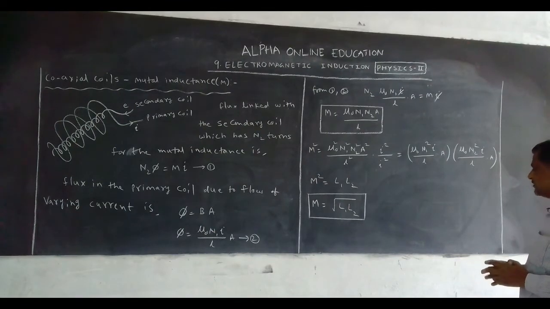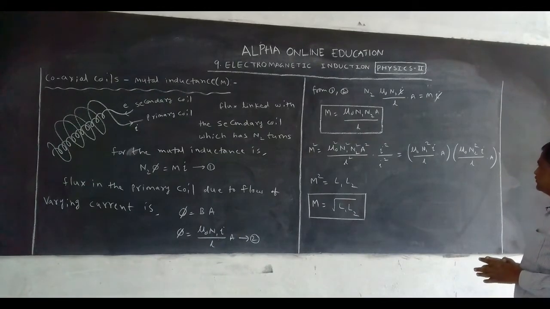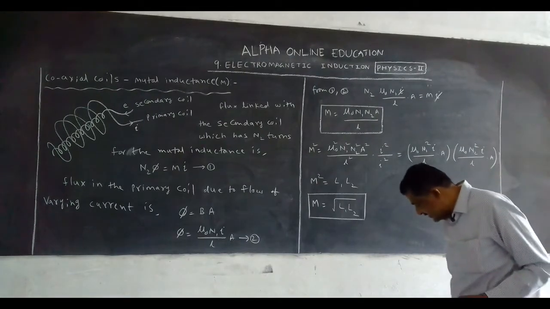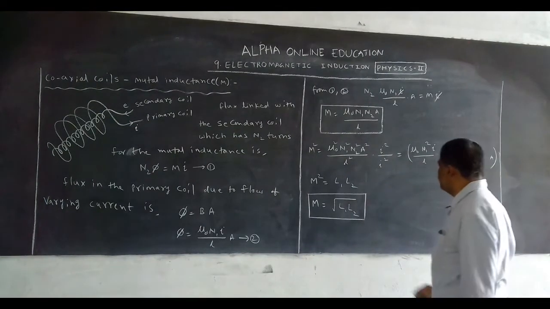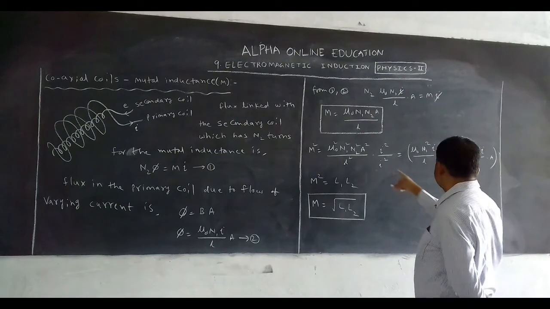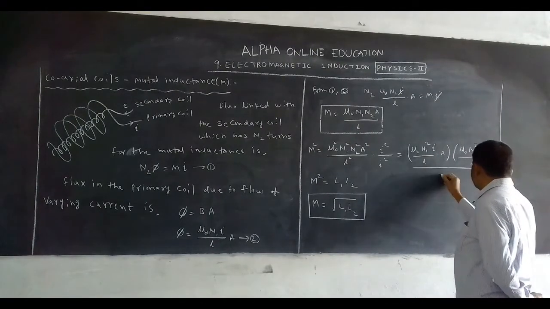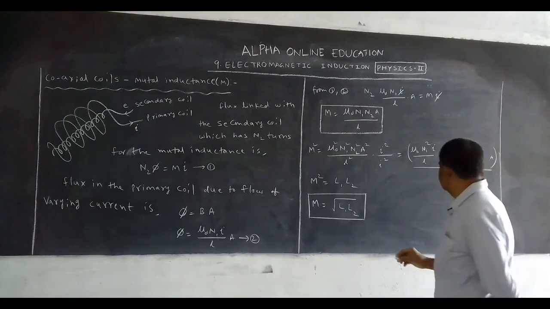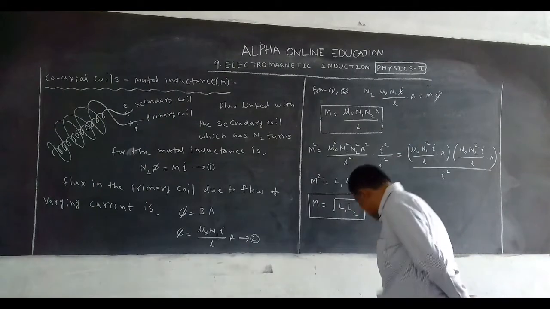What is the equation for L? L is equal to mu 0 N1 N2. So L is there, which means here you want to take I square by I square, but here I missed one step.